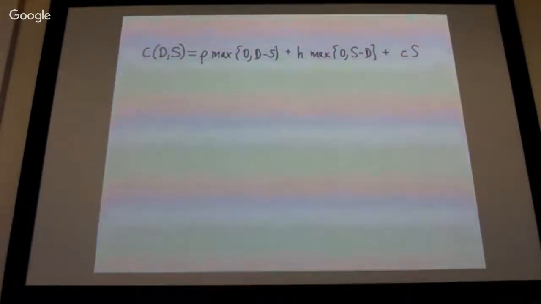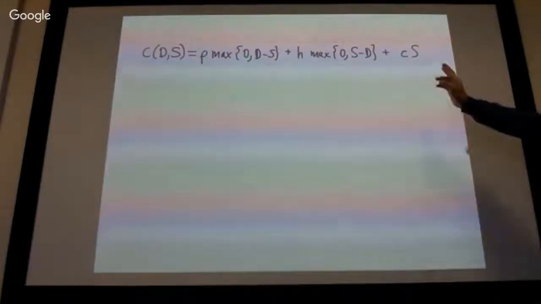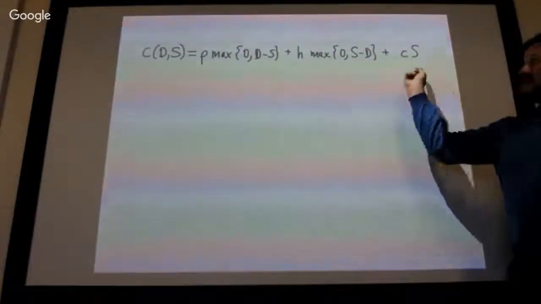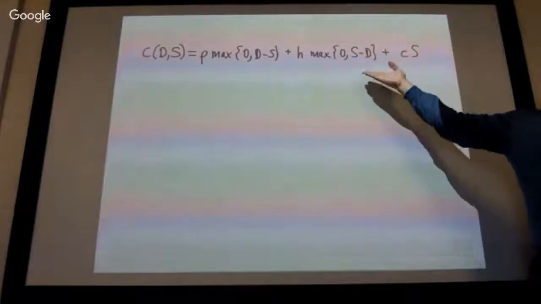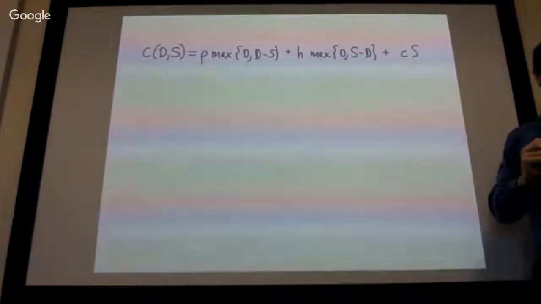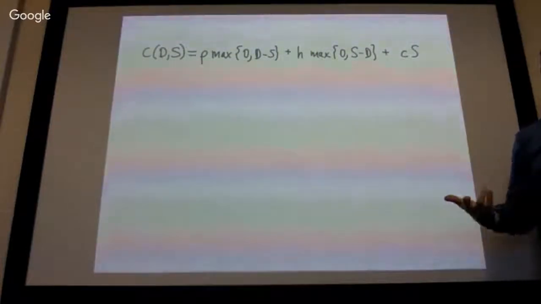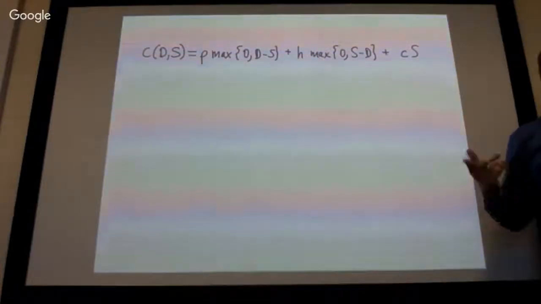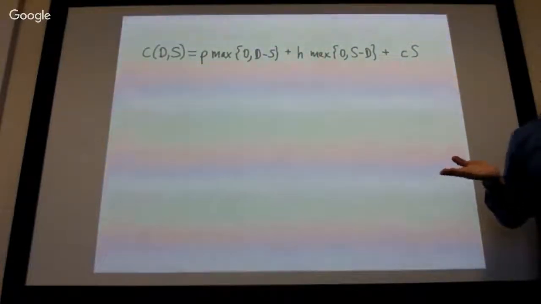But in fact, that's all nice and great, but the problem is that actually this is not a deterministic expression because there's a random variable D there. Okay, so we can't minimize something that's a random variable. But instead, what we're trying to do is minimize the average or the expected value.